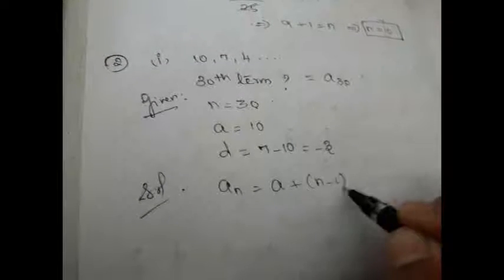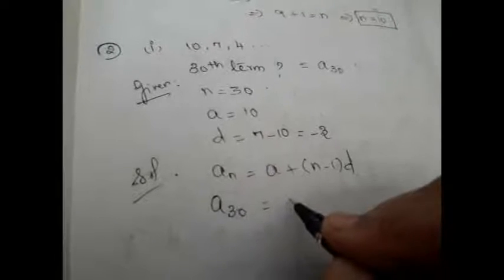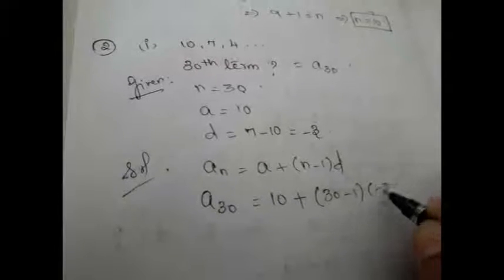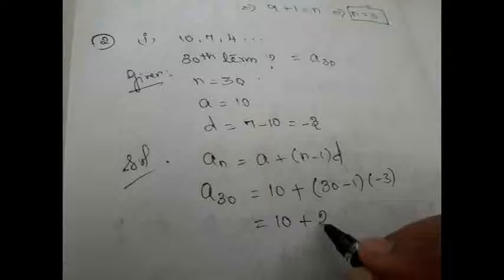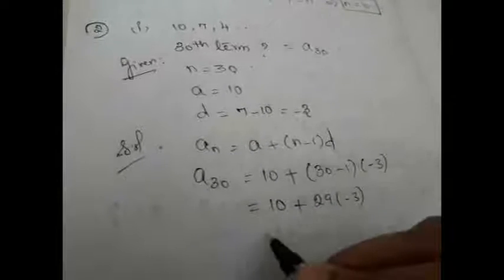So what are you going to find now? A30. So first write the formula for An: A plus (n minus 1) times d. So A30, which is the 30th term, equals the value of A, 10, plus (n is 30 minus 1) into d, which is minus 3. That is 10 plus 29 into minus 3.